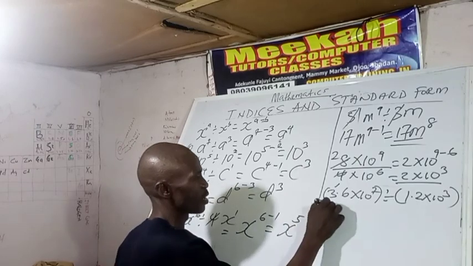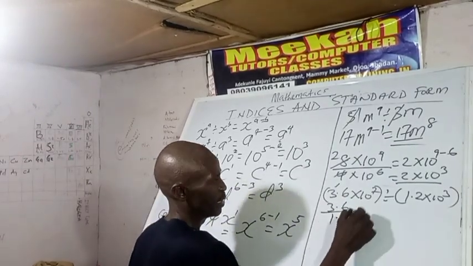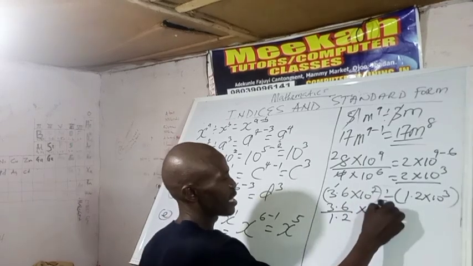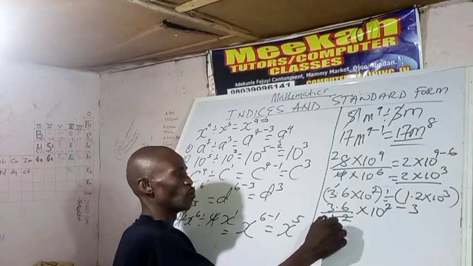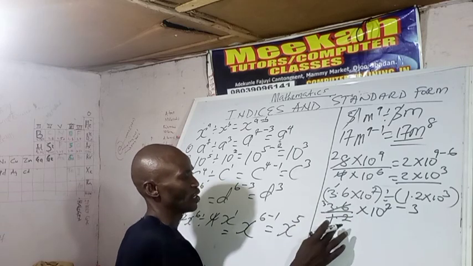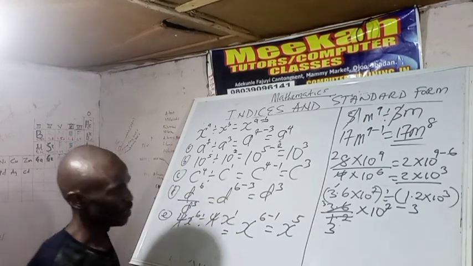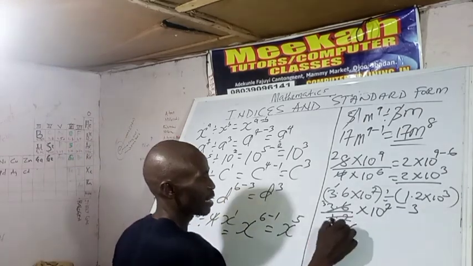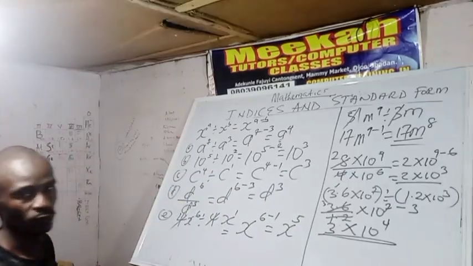Now this one becomes 3.6 divided by 1.2. Clear? Times 10 raised to power 7 minus 3. 1.2 here, 1.2 here, what do you have? 3. So this becomes 3 times 10 raised to power 4. Settled.